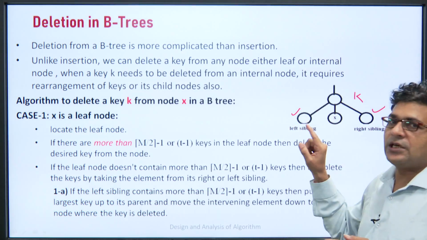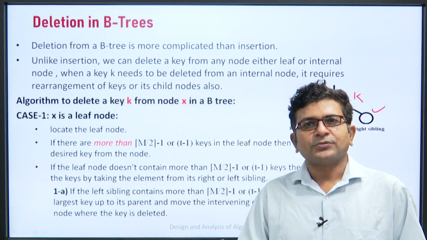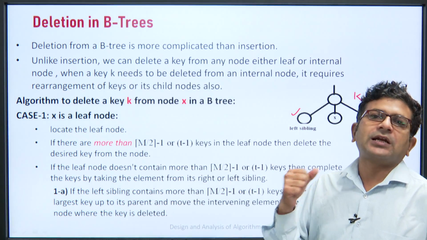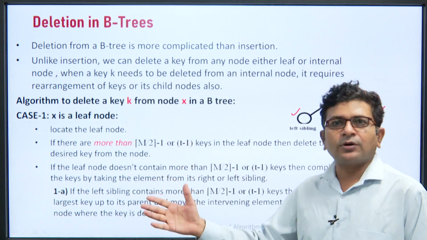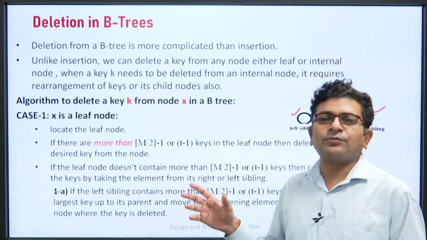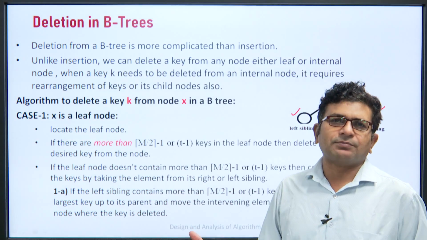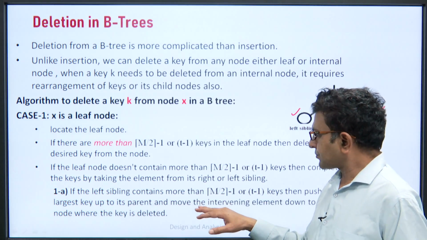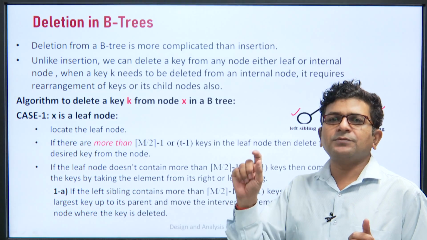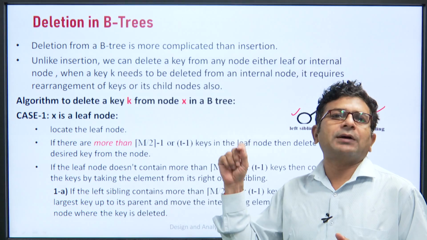If the left sibling has at least one more key than the minimum keys, in that case we borrow a key from the left sibling. Means the number of keys should be greater than t minus 1, or m by 2 minus 1.